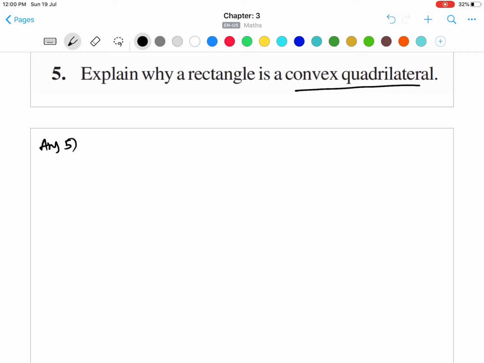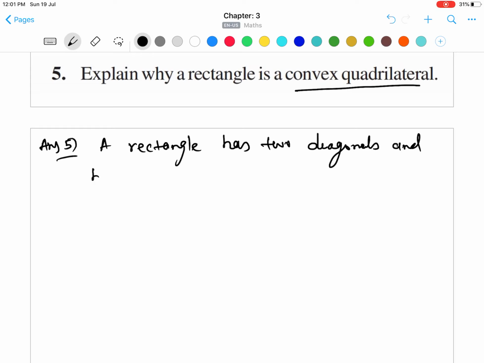So we'll write answer number 5. It says a rectangle has two diagonals and both lie in the interior part of the rectangle.